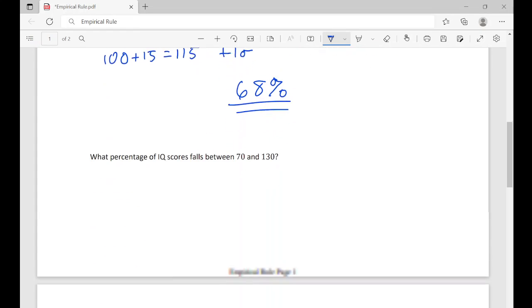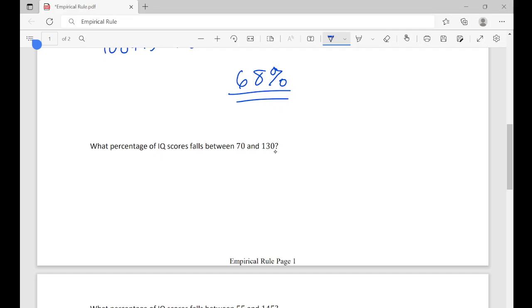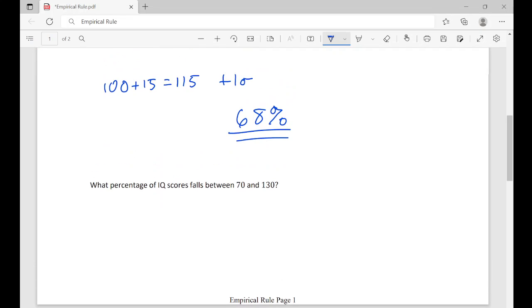Let's do it again. This time between 70 and 130. So again, we know if we go down one standard deviation, we get to 85. So if we go down and do it again, 85 minus 15, we're going to get 70.